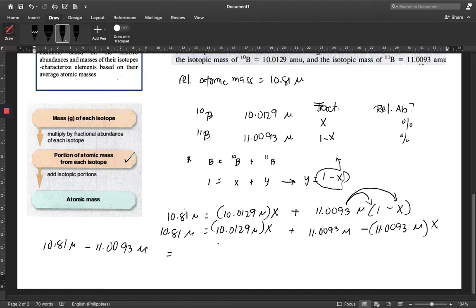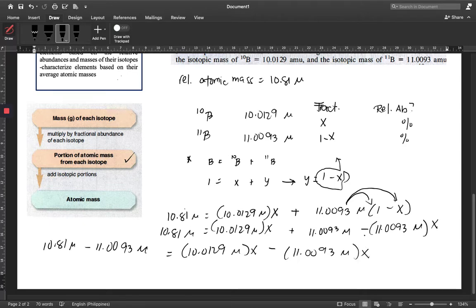And then we have 10.0129 amu times x minus 11.0093 amu times x.